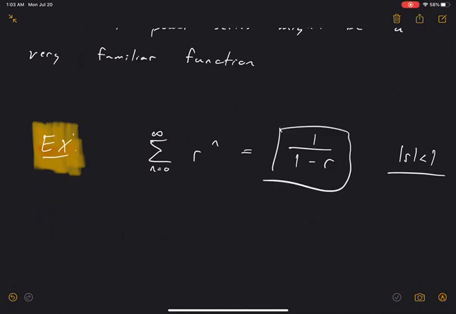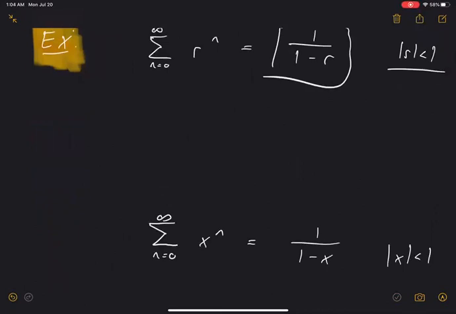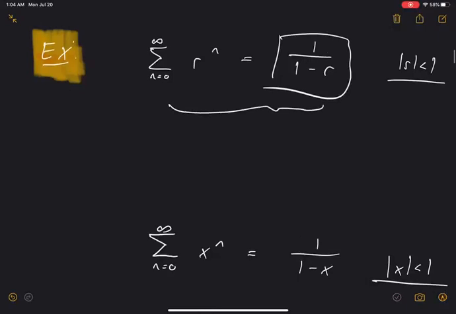And then in 11.8, I believe we briefly looked at this power series, x to the n, and it's very similar to this series up here. It's going to converge when the absolute value of x is less than 1. So it has this interval of convergence from -1 to 1. The series converges for all these values.